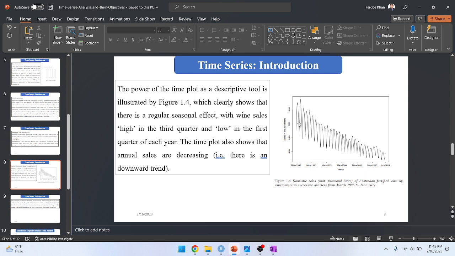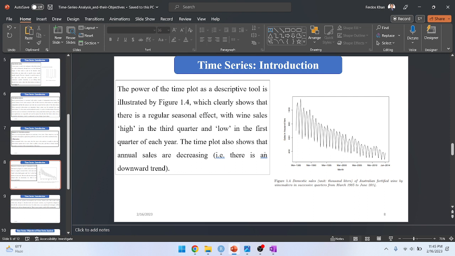If you summarize the data only by some summary statistic, it may not be very clear, whereas the plot clearly shows that there is a regular seasonal effect, with wine sales high in the third quarter and low in the first quarter of each year. This means that you need to plot the data before moving on to further analysis, so that you can see different insights from the data.